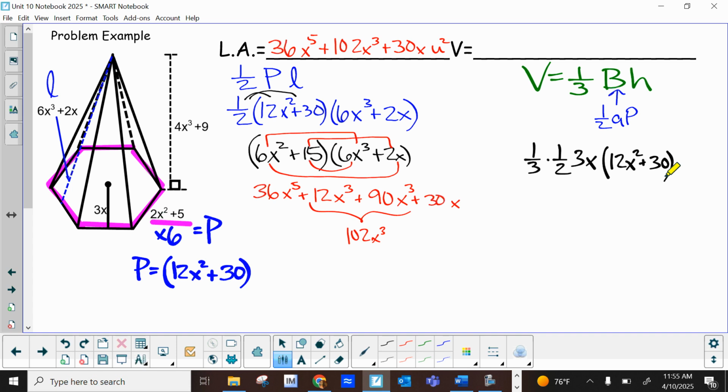And then the height is over here. That's your height right there. Okay, because that's always perpendicular to the base. So the height I'm going to plug in next, which is 4x cubed plus 9.